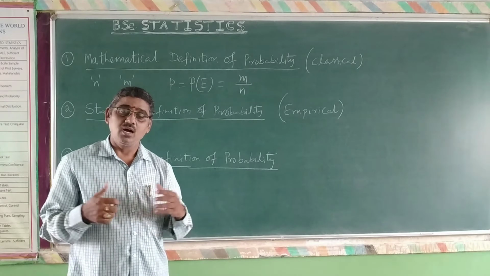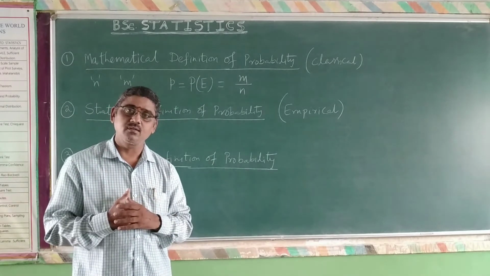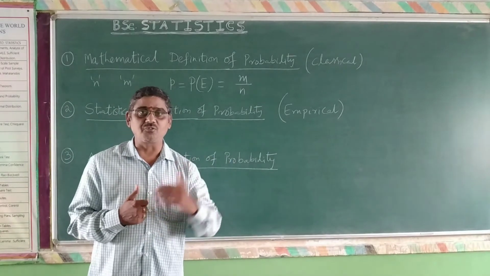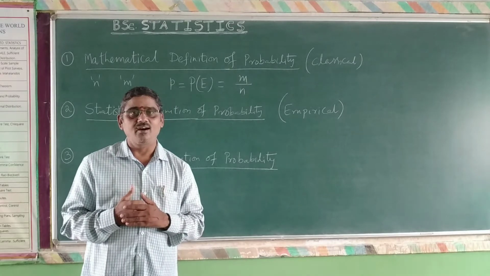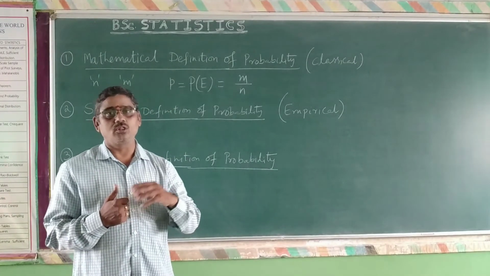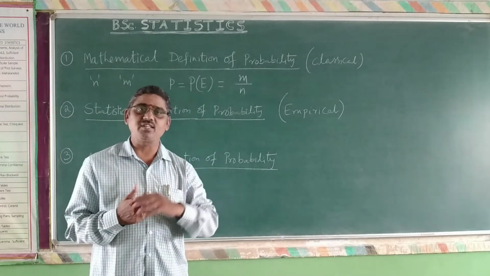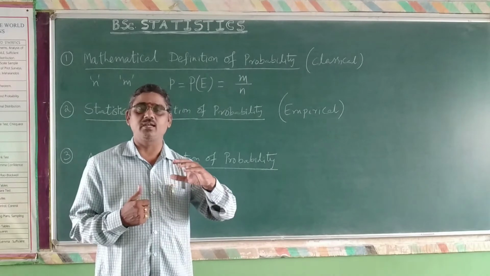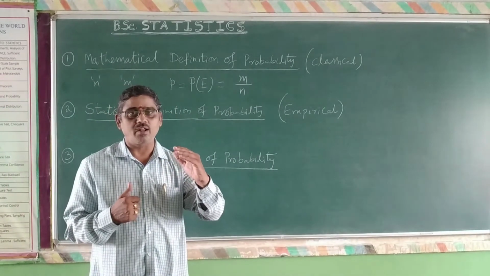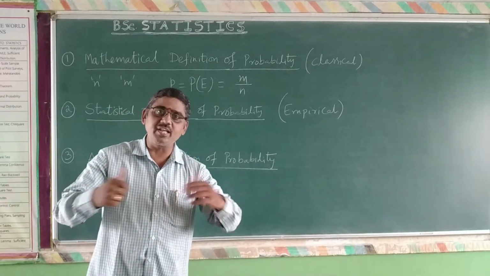For example, if 20 dice are thrown, the total number of outcomes is 6 power 20. If I ask for the sum of the numbers on the 20 faces being more than 120, how can we calculate it? It's a tedious process.